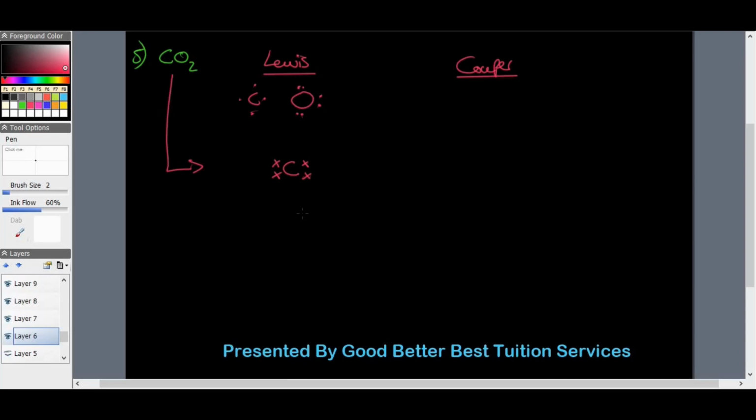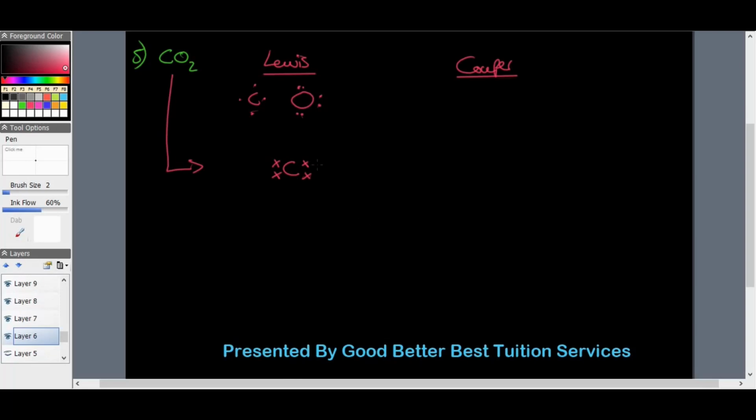Thus for one carbon atom, 2 oxygen atoms are needed. Because carbon's got 4 to share, but oxygen only has 2, therefore it needs 2 oxygens to share 4 of carbon's electrons. Each oxygen will share 2 electrons with the carbon, so 2 bonding pairs will be made.